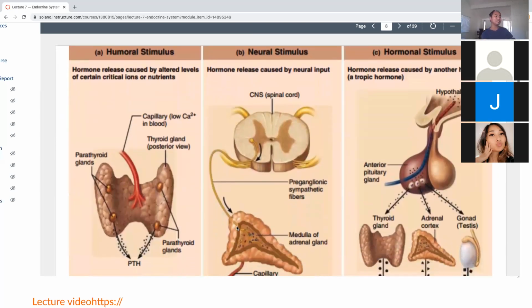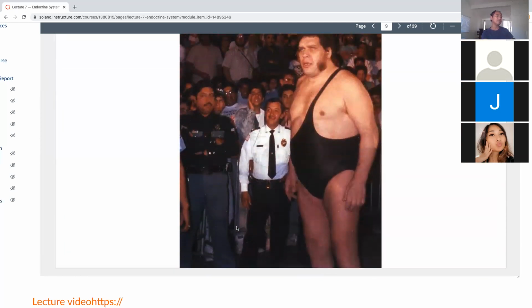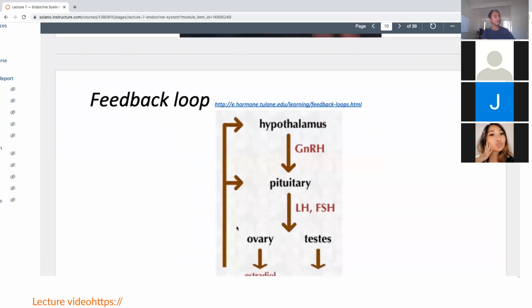These are the examples. I'm not going into detail. This is a giant feedback loop. So let's say the hypothalamus will secrete gonadotropin releasing hormone. It is a releasing hormone. It goes to the pituitary because it is gonadotropin. So the pituitary will release LH, luteinizing hormone, and FSH, follicle stimulating hormone.